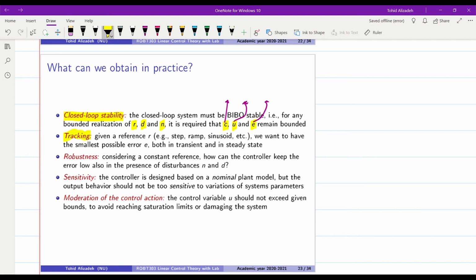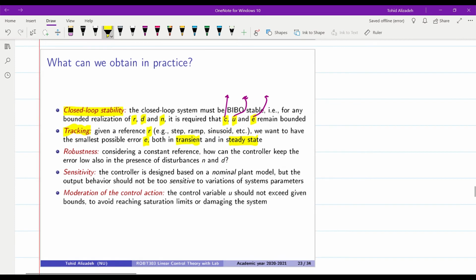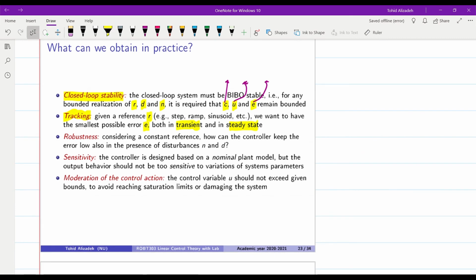The next thing that we are going to obtain in practice is tracking, which means that given a reference signal R, we want the smallest possible error between the reference and the output, both in the transient and in the steady state. Later we will see the difference between transient and steady state behavior of the system. However, tracking means that the error should remain as small as possible.